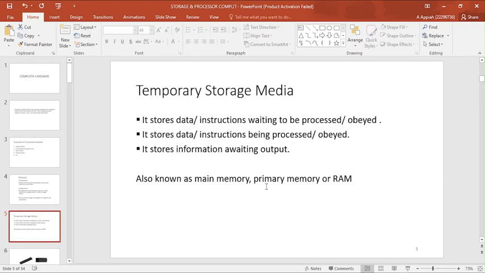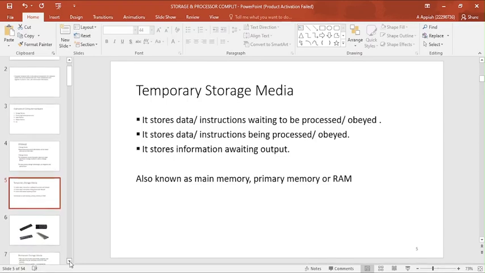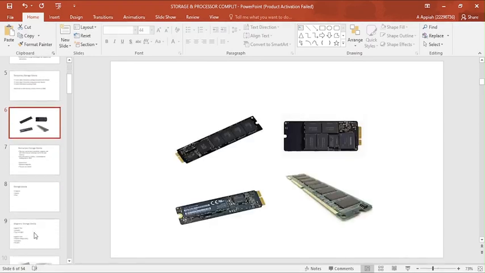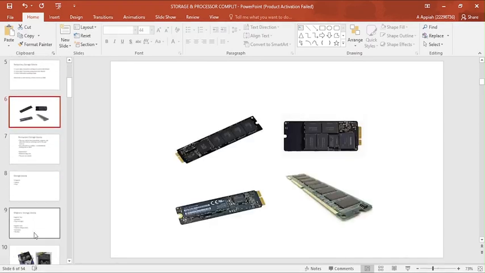Temporary storage media, as we know, can be referred to as the main memory or the primary memory or the RAM, which we typically refer to as the random access memory. So there is a picture of a RAM on our screen.